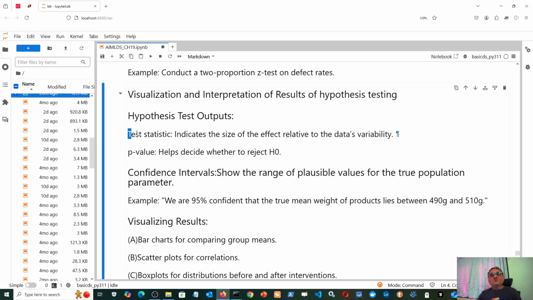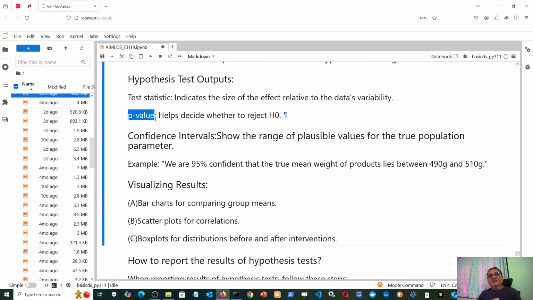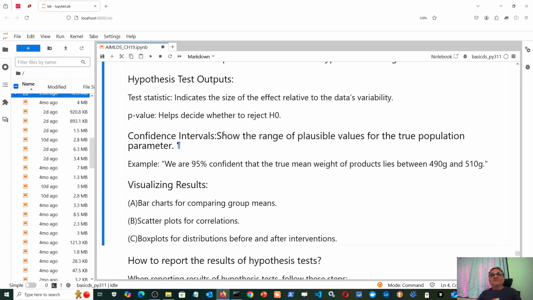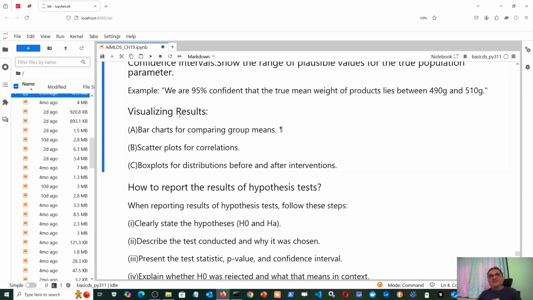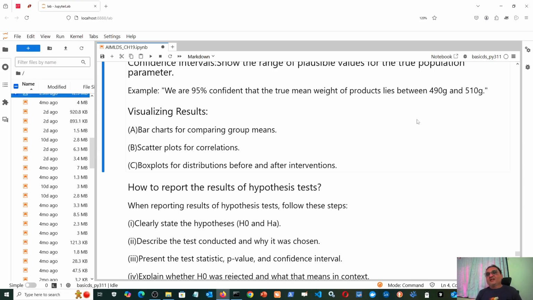So these two must be specified in your result: the test statistic and the p-value. The confidence interval you also have to specify. If you conducted your test with alpha equal to 0.05, then you should write that we are 95% confident that the true mean weight of the product lies between 490 and 510 grams. But if you conducted it with alpha equal to 0.01, that is a 99% confidence interval, then you can say that we are 99% confident that the true mean weight of the product lies between 490 gram and 510 gram.